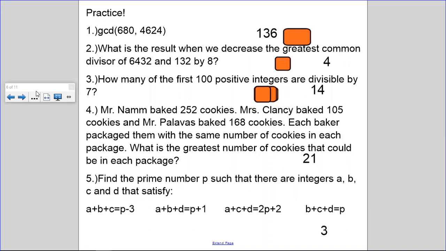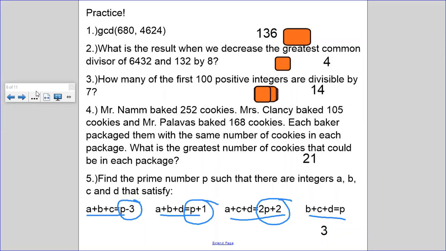Okay, so for 5, what we realize essentially is that we see ABC, ABD, ACD, and BCD. Specifically, there's 4 different equations there, but each variable only appears exactly 3 times. You also notice that P minus 3, P plus 1, and 2P plus 2 will cancel out, right?